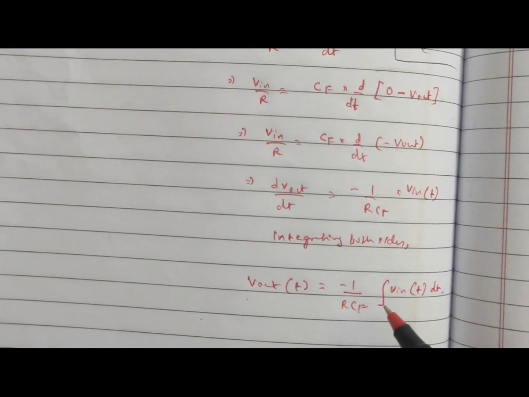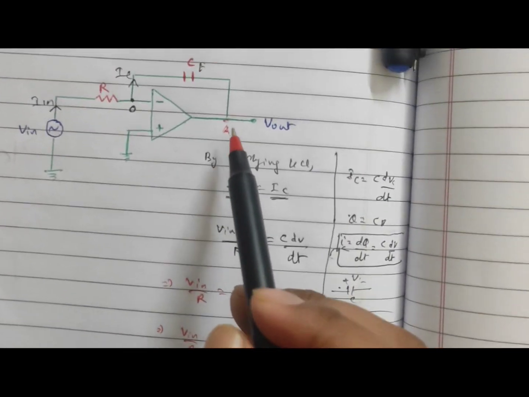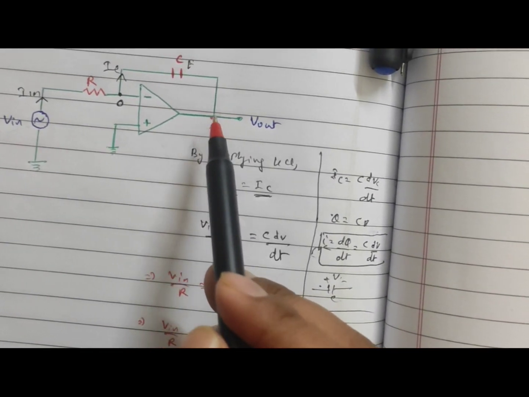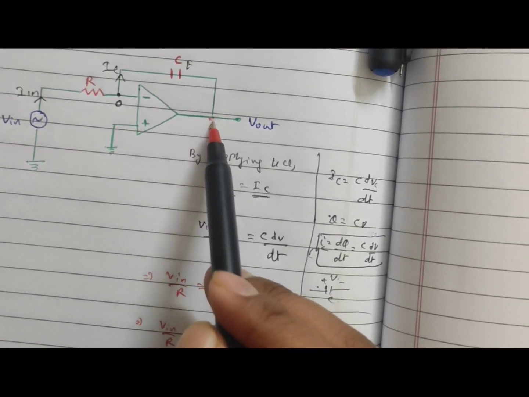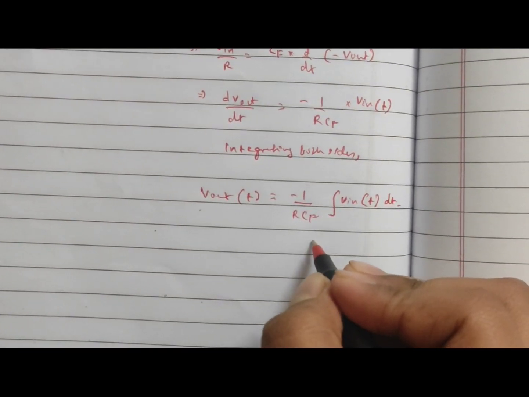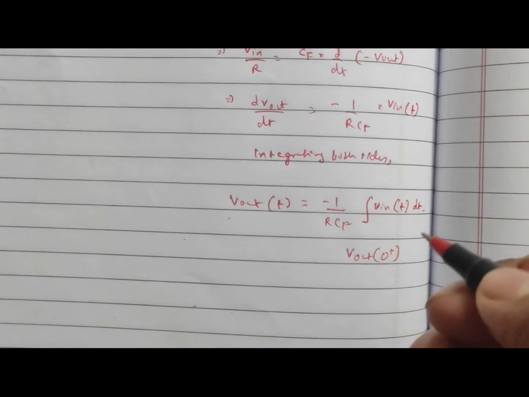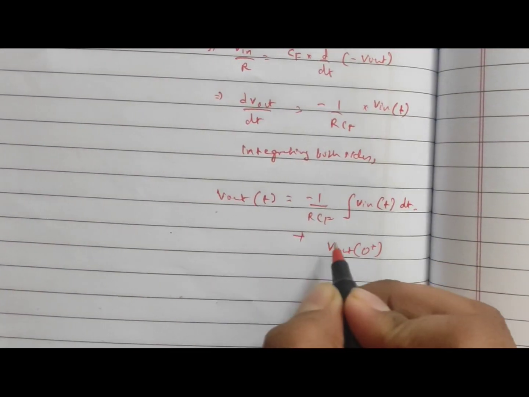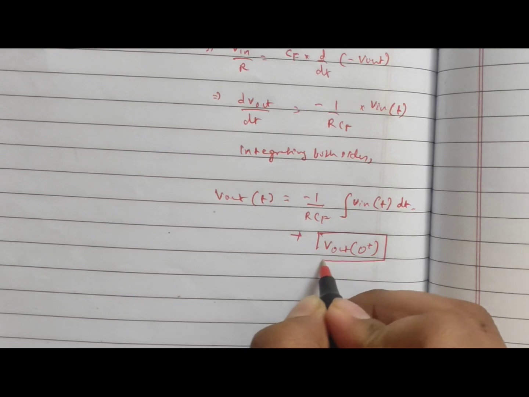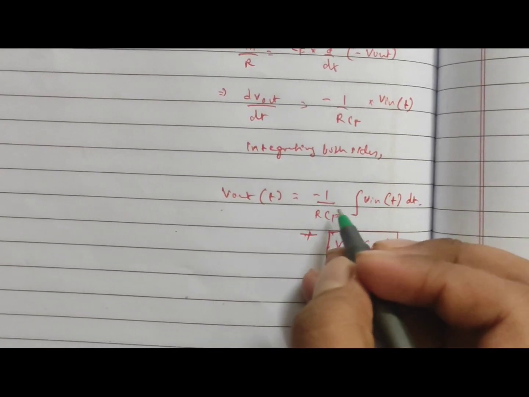Here we are assuming that there is no initial voltage, there is no initial output, and if we consider an initial output voltage that is present, then we should be adding one more term, Vout(0) plus. This is the initial output voltage before we start the integration, if any output voltage is present.